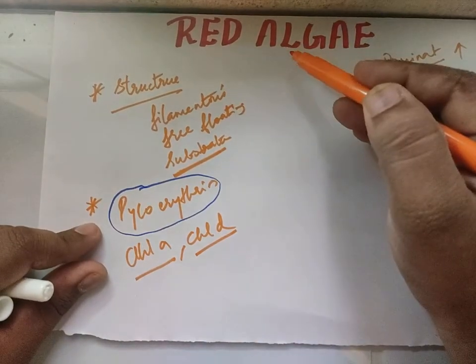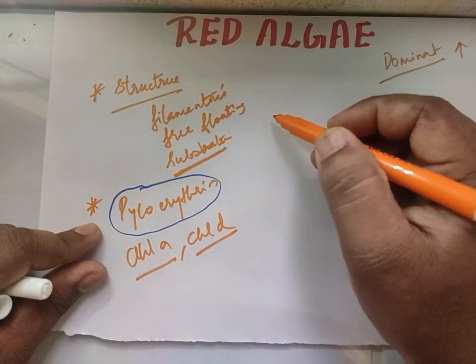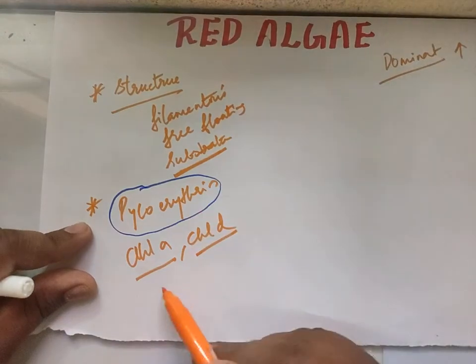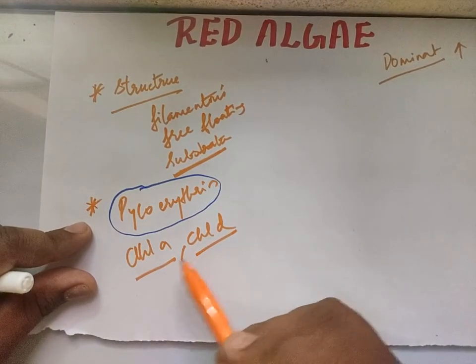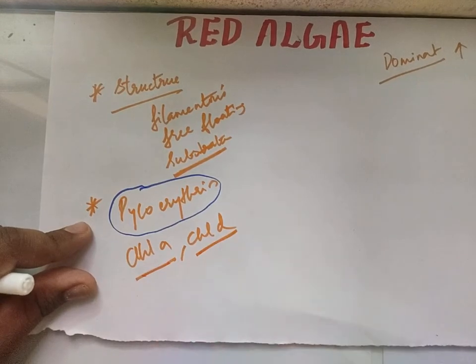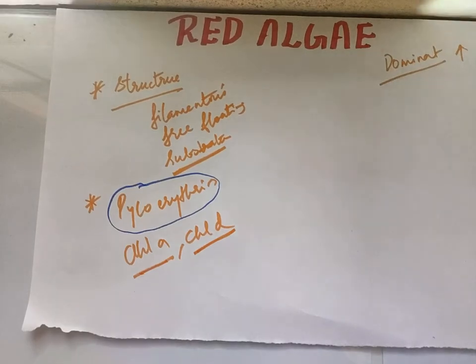They are filamentous, thread-like, free-floating. They may appear on the surface of the water, or they may attach to the substratum. The important pigment here is phycoerythrin, and along with that, the accessory pigments important for photosynthesis are chlorophyll A and chlorophyll D.